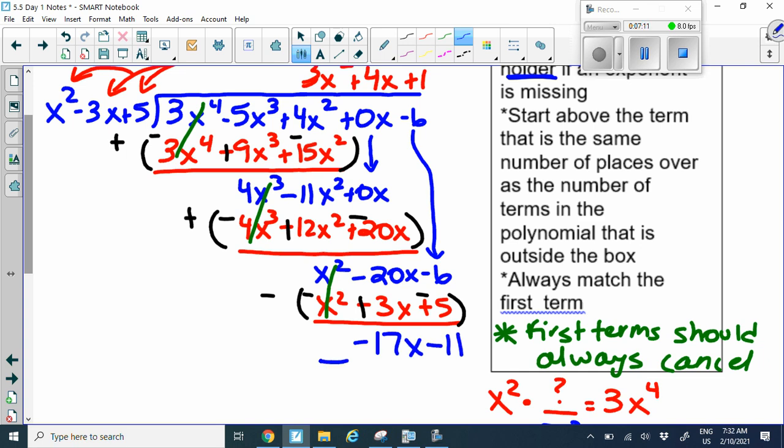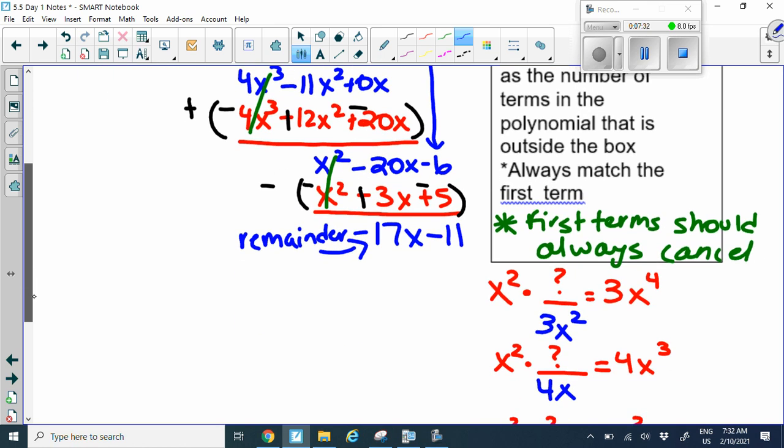So remember, whatever's left over, because think about it, can x squared go into x? No, because that is a degree down. So remember, your largest exponent can go into anything higher or itself, nothing lower. So that means this is going to be our remainder, and we're going to add it to our answer. So we have 3x squared plus 4x plus 1.